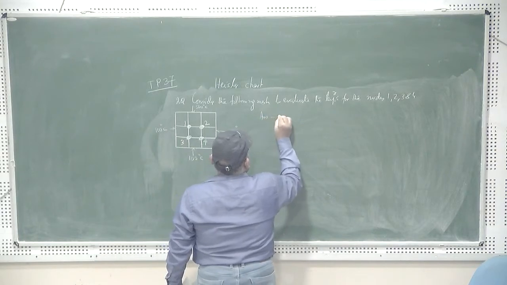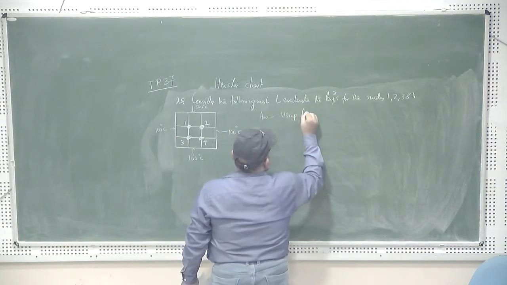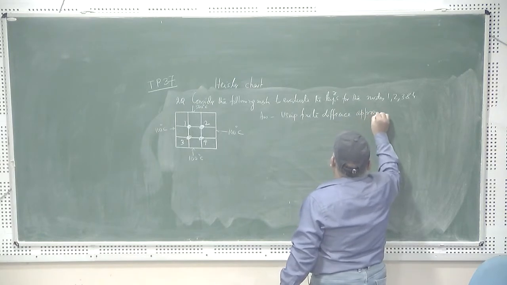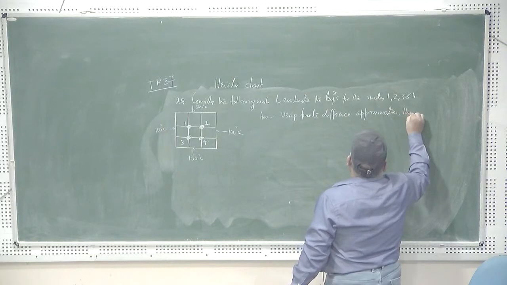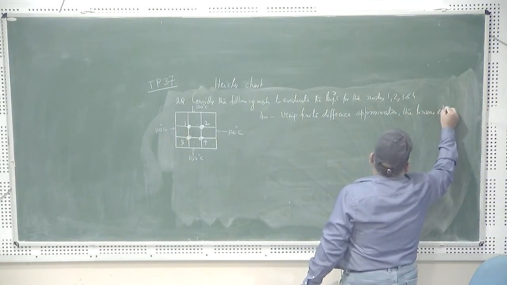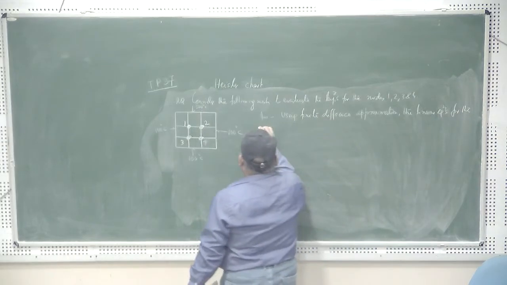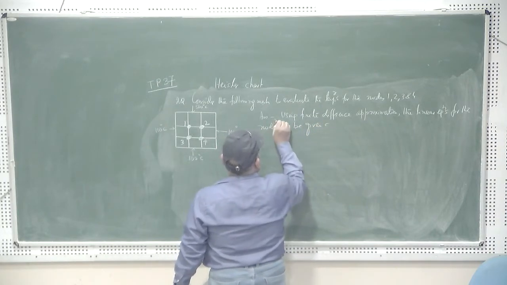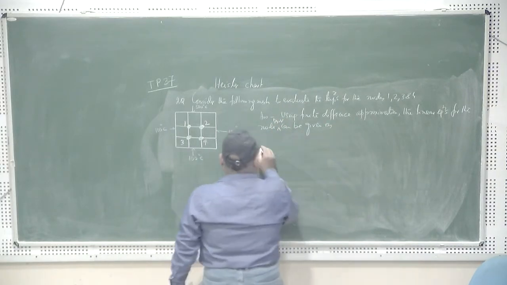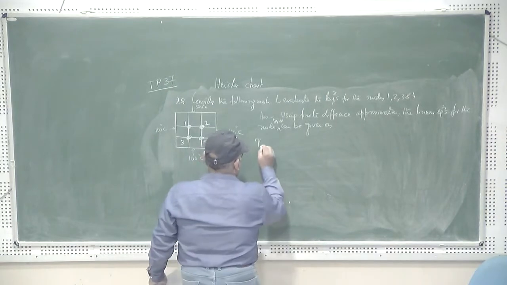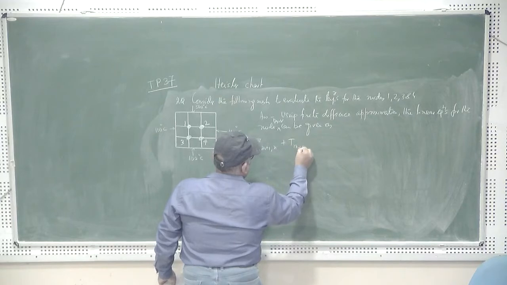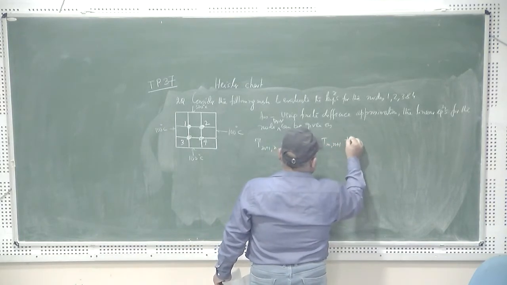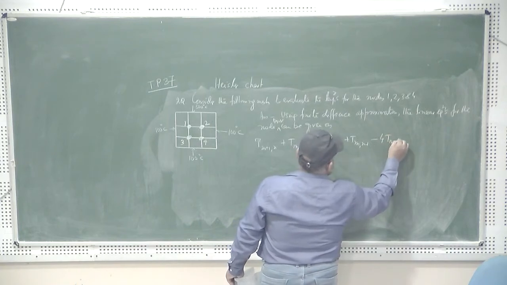So the answer is, using this finite difference approximation, the linear equations for the nodes can be given as, for the node m n, let us suppose representative, T m plus 1 n plus T m minus 1 n plus T m n plus 1 plus T m n minus 1 minus 4 T m n, that is equal to 0.